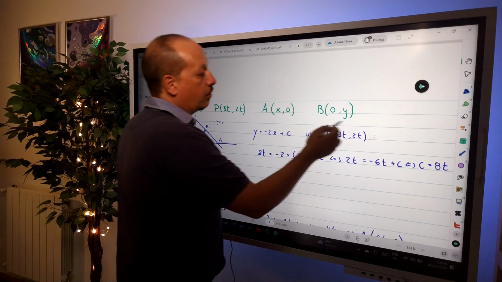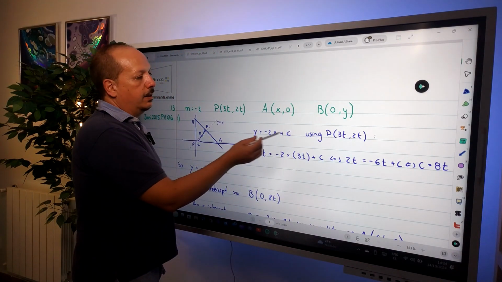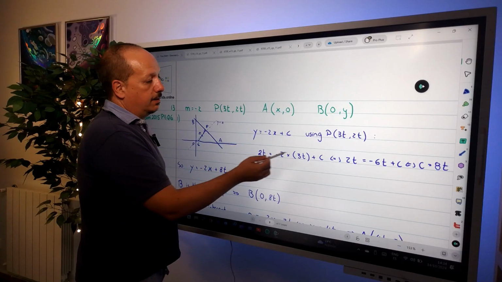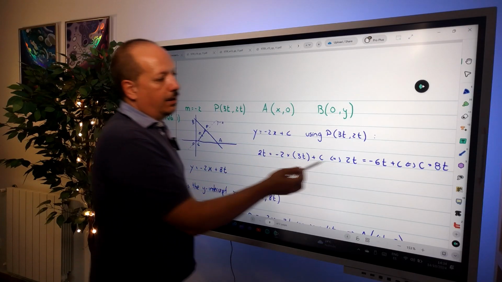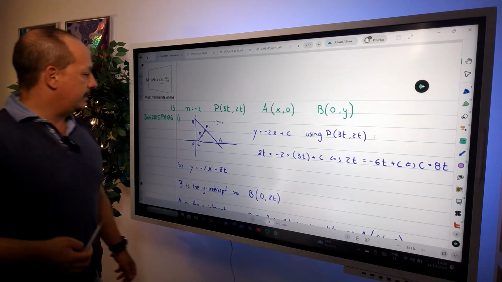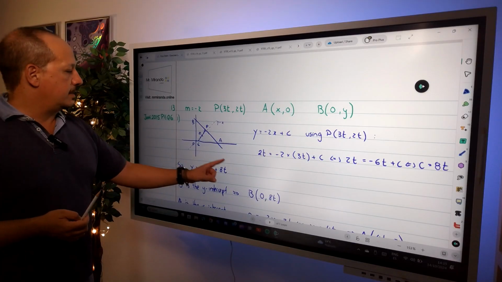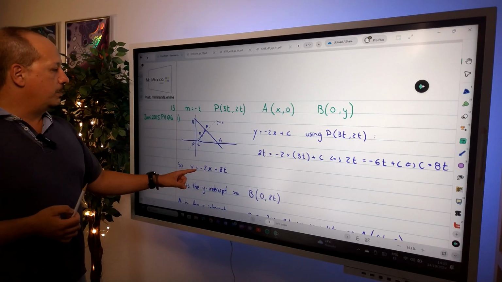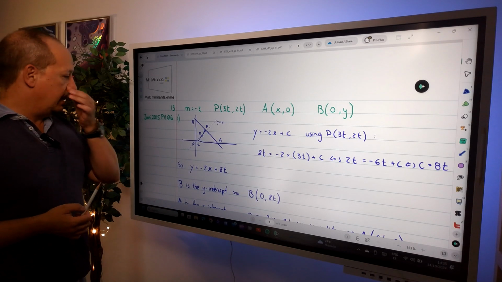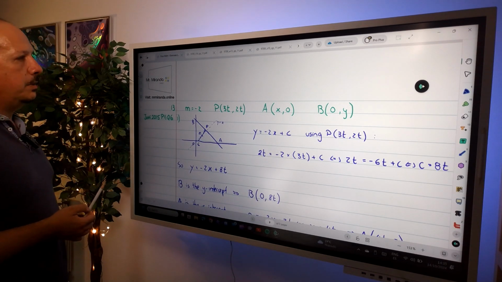If you use this general point P, 3t, 2t, and plug in the coordinates on it, what do you get? You get a value of c in terms of t that equals 8t. So the general expression is going to be something like this. Y equals minus 2x plus 8t. Let me think about one thing.